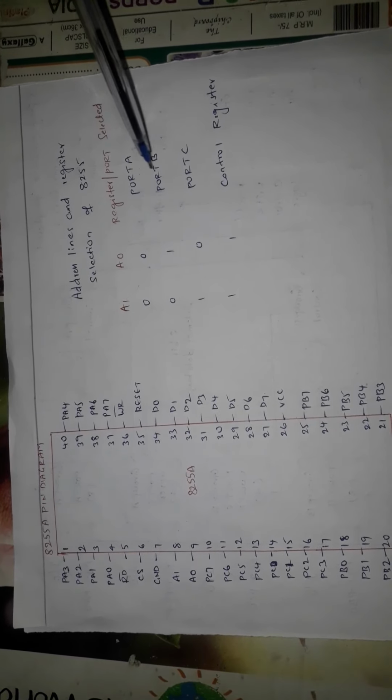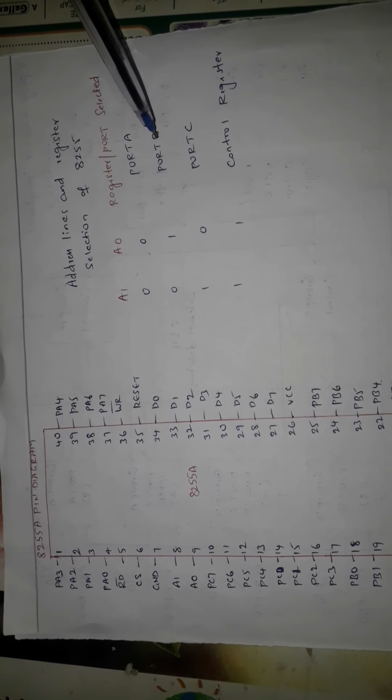That was already explained in the block diagram. Each port refers to an 8-bit register, so in total we have four 8-bit registers: port A register, port B register, port C register and the control register. The registers or ports are selected using the A1 and A0 address lines, which are derived from the processor.